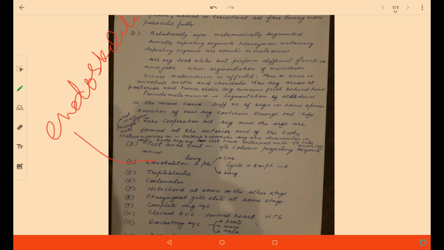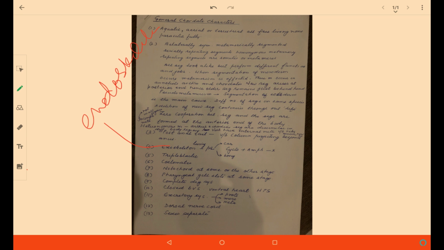The hepatic portal system involves portal vein carrying digested material to the liver just to prevent the escalation of sugar in the blood. The hepatic portal vein carries blood to the liver, where the digested material is taken up by the hepatocytes or the parenchyma cells of the liver and processed.